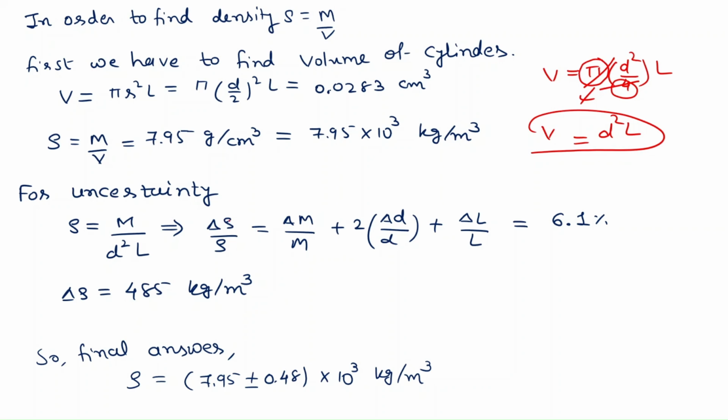In my first video, I mentioned how to find uncertainty. The formula is like this: delta rho upon rho equals delta m upon m plus 2 delta d upon d plus delta l upon l. Why do we multiply by 2 with this quantity only?